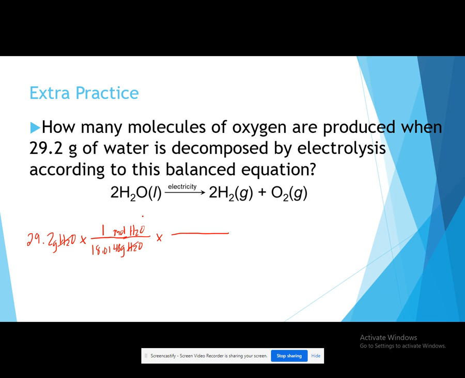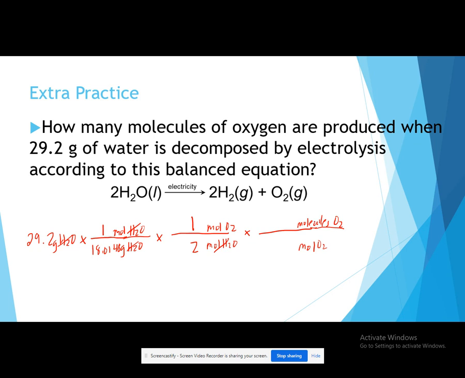Then you have water, but you want to get to oxygen. So you're switching compounds now that you get to moles using mole ratio. So mole of H2O, mole of O2. So you look and O2 has 1, H2O has 2. So that cancels out moles of H2O. And then over here, we want to get to molecules. So I do moles of O2 on the bottom. Then up here, you have to do molecules of O2.